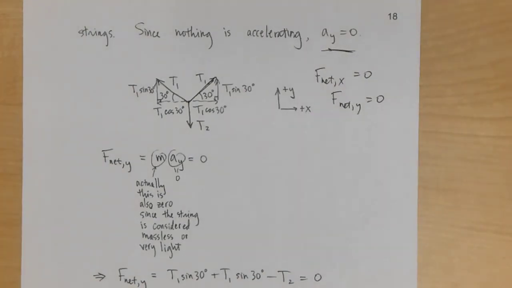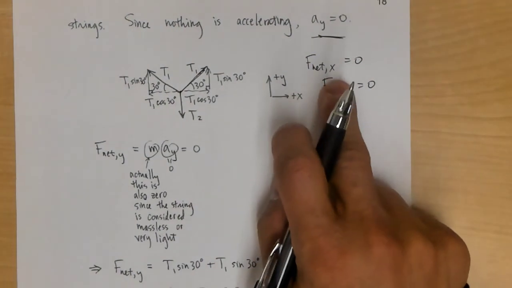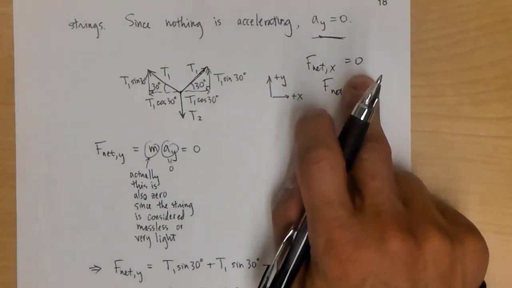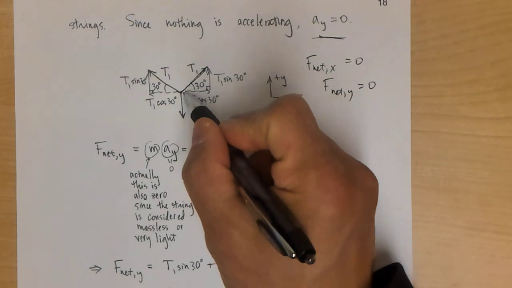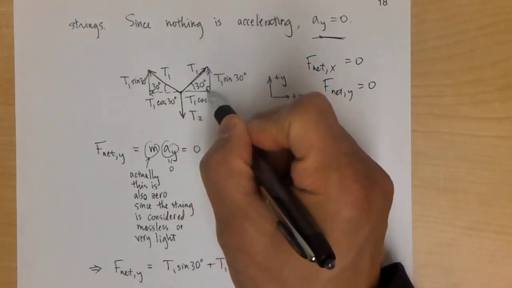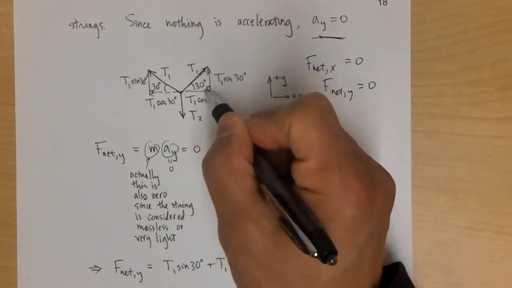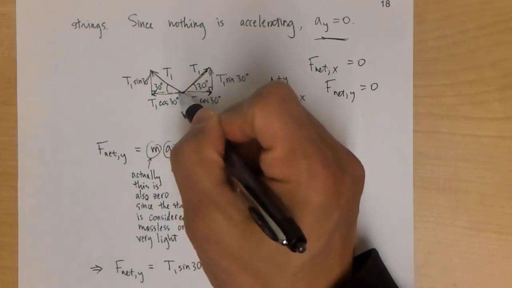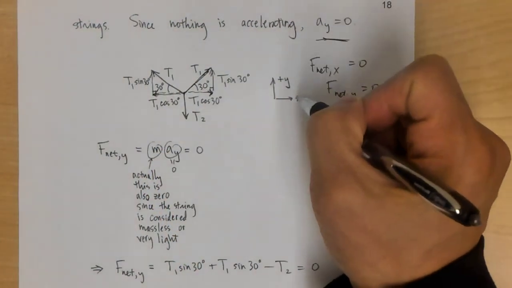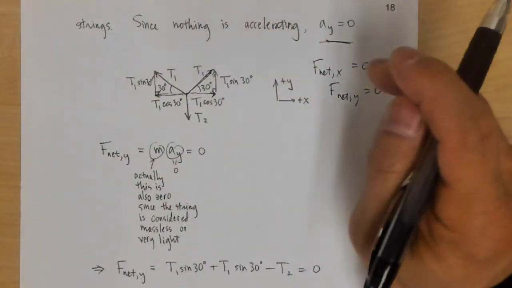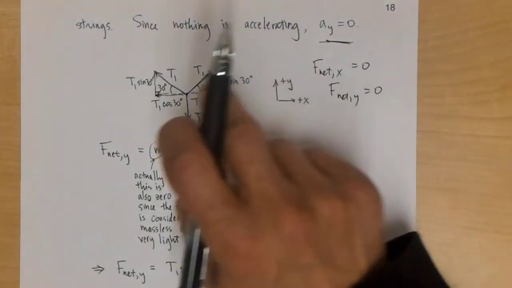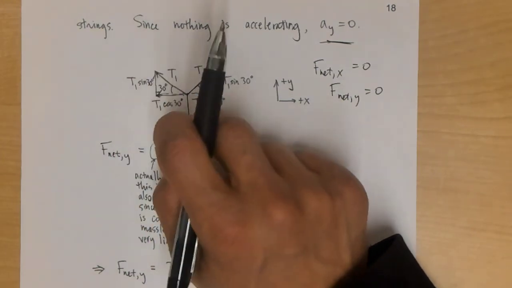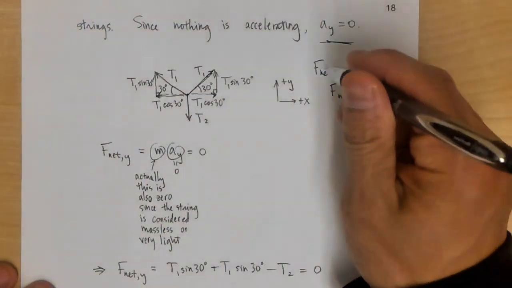If I solve for the x component to be 0, I don't really get anything that useful, because I get this component, which is T1 cosine theta, and this component, which is negative T1 cosine theta because it goes in the negative x direction, and the sum of those must be 0. But I already knew that from the symmetry of the picture. I took advantage of that, so this is not helping me.